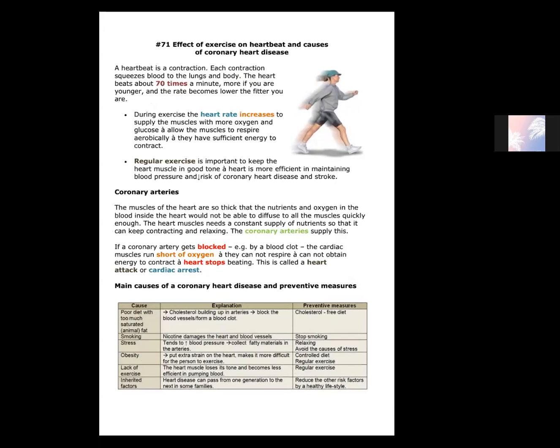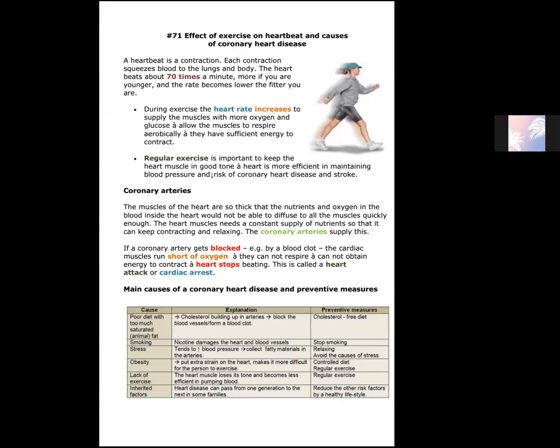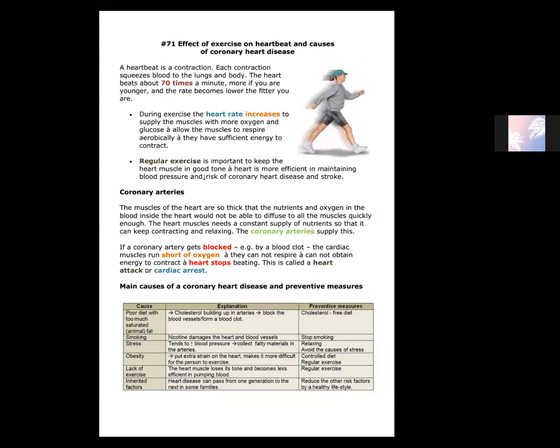As earlier mentioned, coronary arteries provide glucose and oxygen to cardiac muscles. So they need a constant supply of glucose and oxygen for contractions and relaxations.